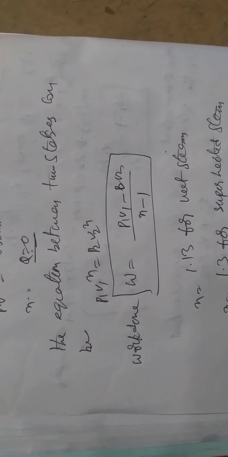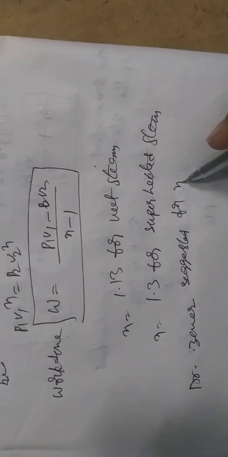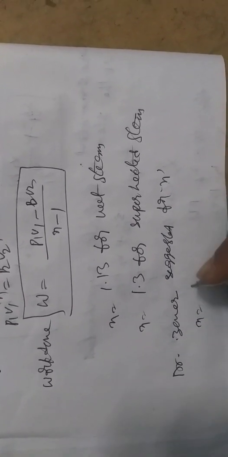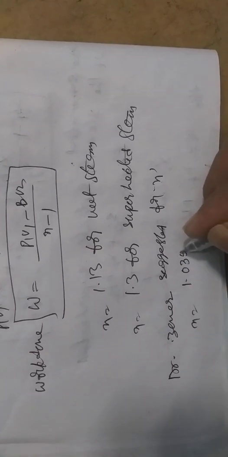In this process, Dr. Zeuner has suggested an equation for n: n is equal to 1.035 plus 0.1x, where x is the dryness fraction of the steam.